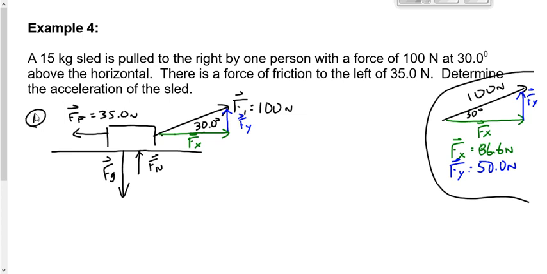Step 2, which says F net is equal to the sum of the forces. We're going to say FF plus what? Plus what? Yeah, Amelia? No, not Fx and Fy. Fy is gone because Fy and Fn canceled each other out, right?